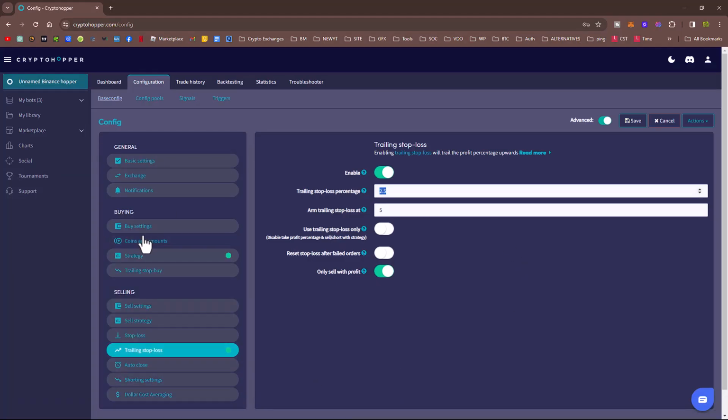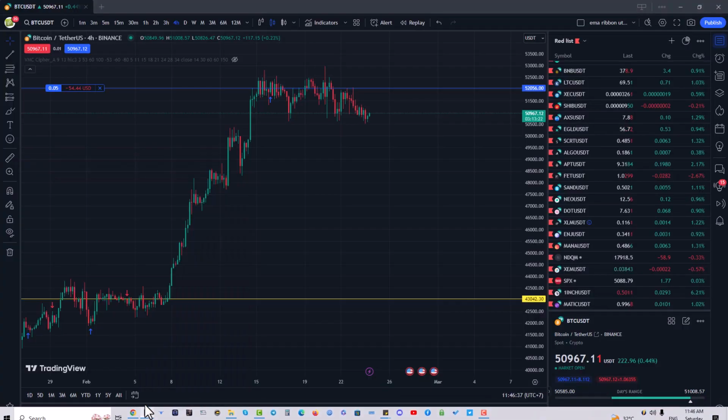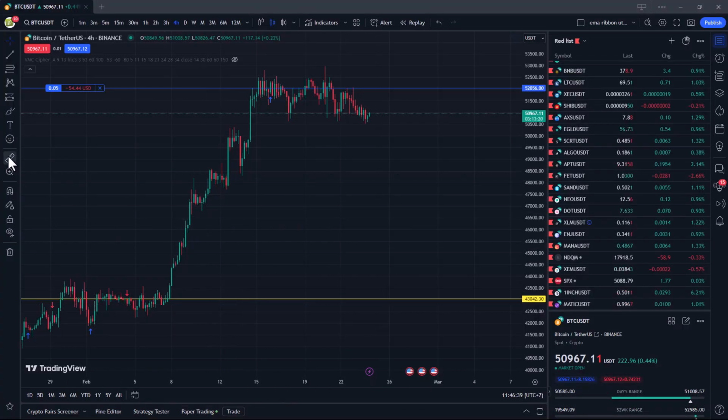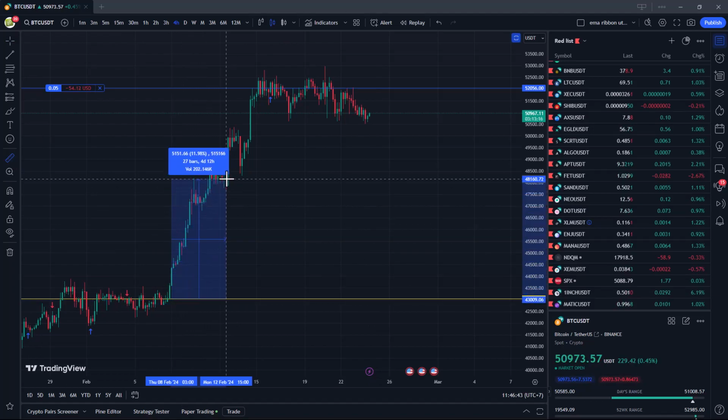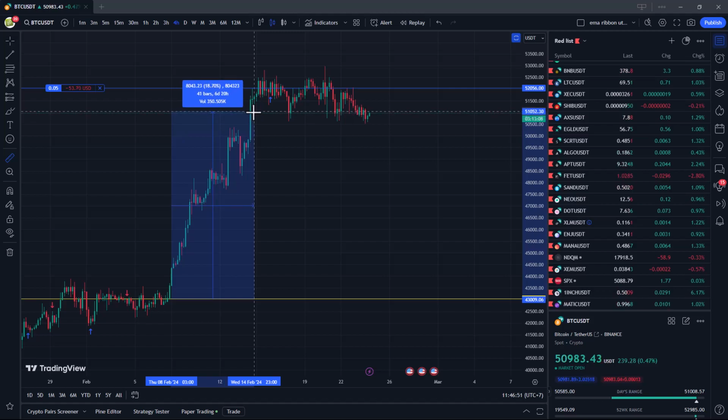there. Okay, so let's imagine you put 25 in there, no 20, all right, with a 5% drop. So you buy $100 of Bitcoin down here, the price comes up, trailing stop loss is not yet activated, and it's nearly 19% up.